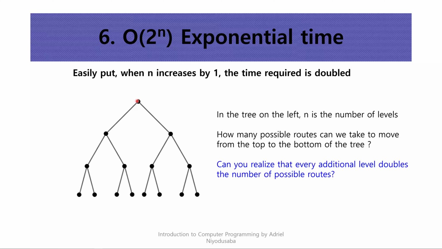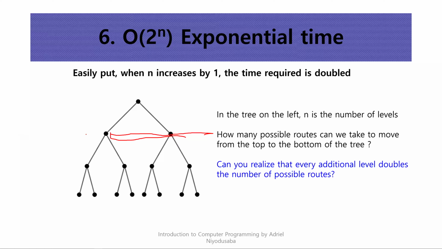I have this binary tree, and I want you to imagine if I wanted to figure out how many paths I can take from the top to the bottom of this binary tree. For the beginning, let's imagine that we only had one level. I think I'm going to need to draw here. Let's imagine that we only had this much.